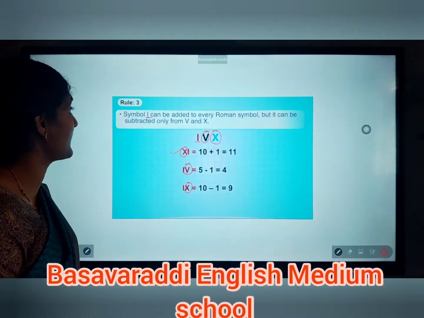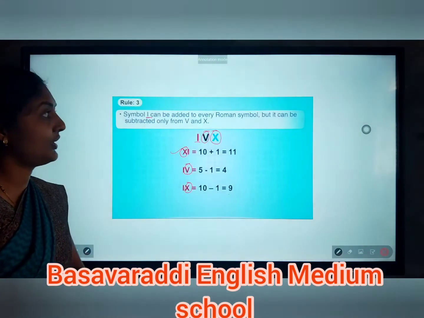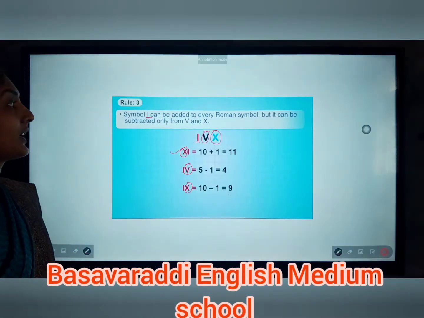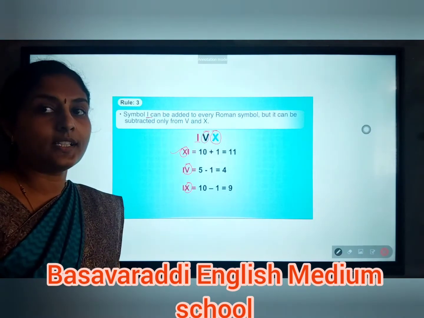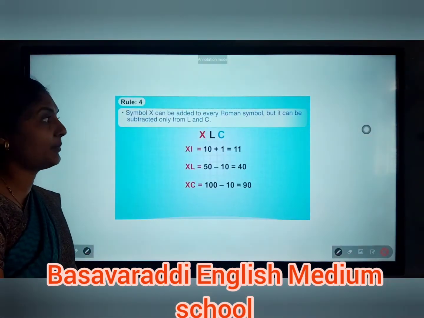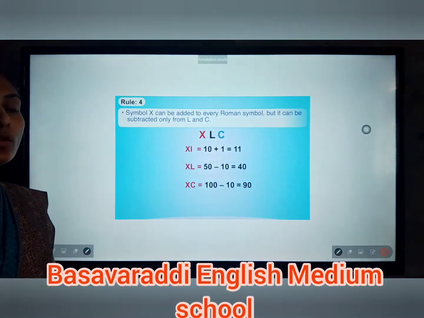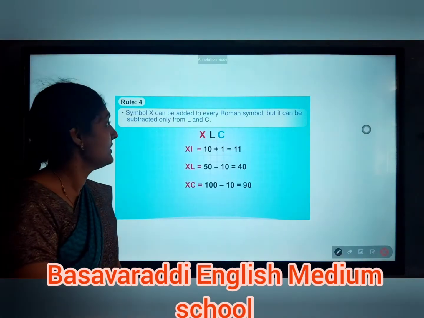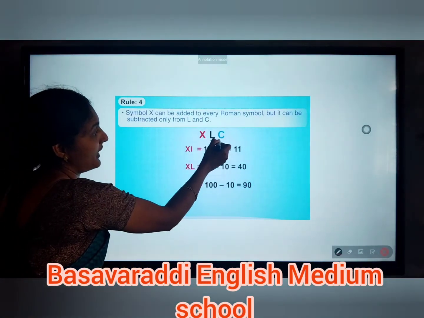Recall once again: symbol I can be added to every Roman symbol, but it can be subtracted only from V and X. The fourth rule is the same as the third one, but here the X can be added to every Roman symbol, but it can be subtracted only from L and C.